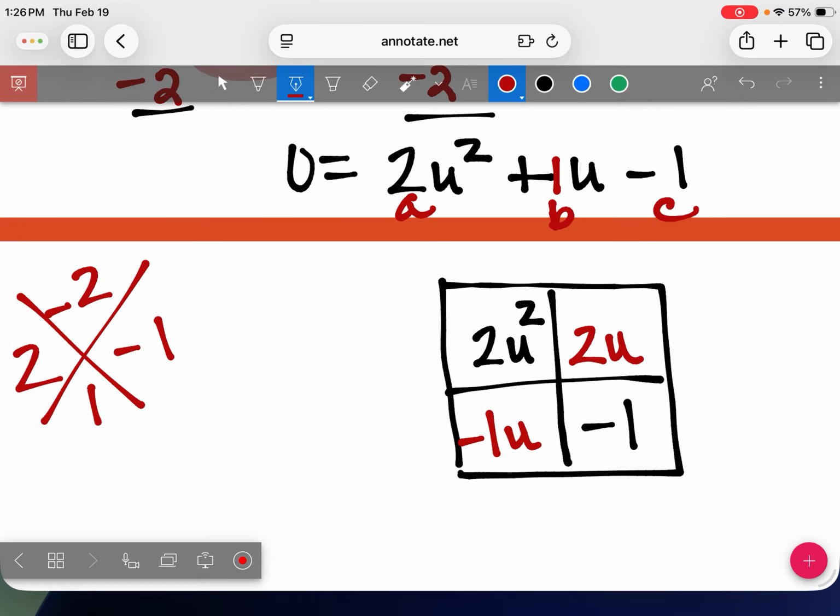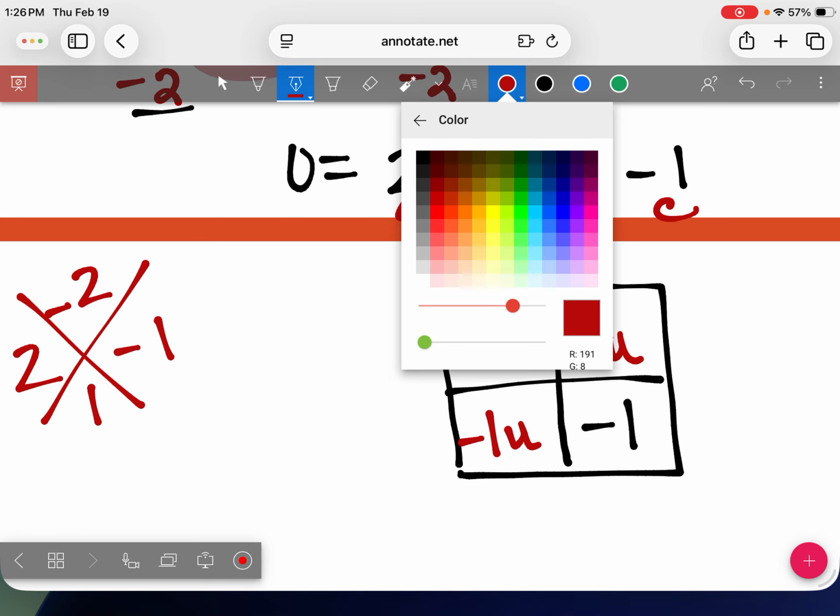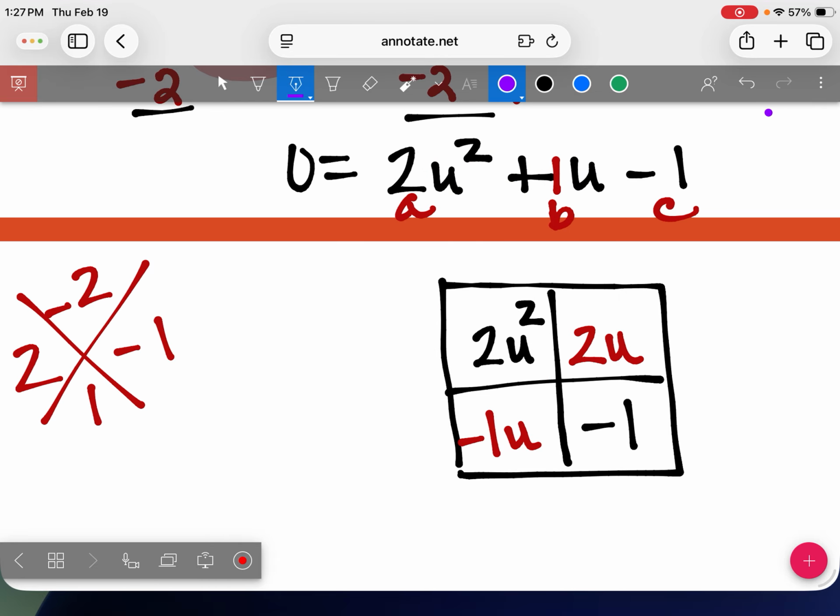So we're ready to take out our GCFs. Okay, so first column, I could take out a 2u. First row, I could take out a 2u. Bottom row, I could take out a -1.